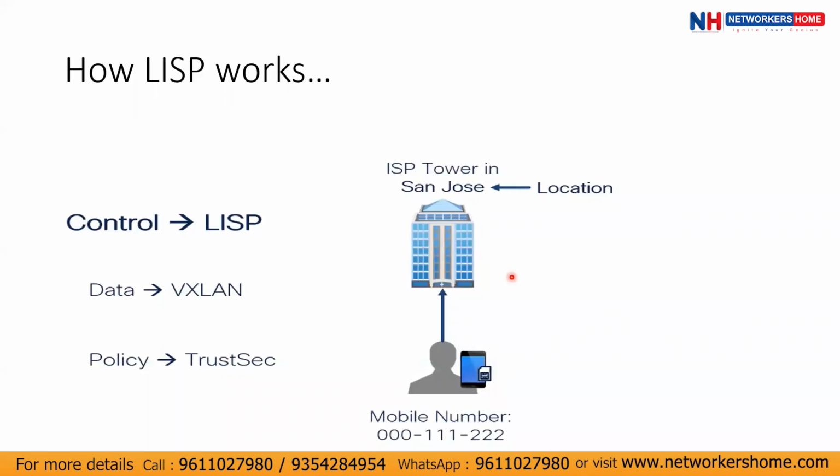When any user inserts their SIM card and starts the phone, your phone will start getting signals from the nearest service provider tower, and that location would be fixed. So for an area-specific, there is a location.